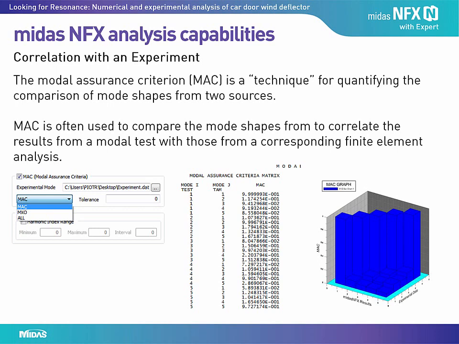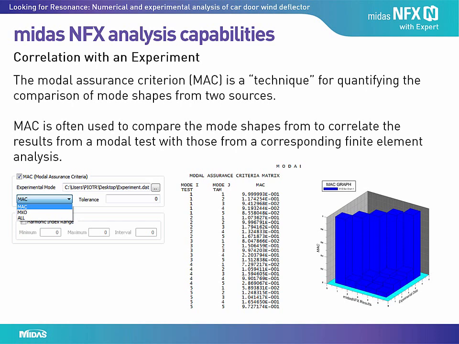Correlation between numerical and experimental analysis can be done via the modal assurance criterion. This option is available inside the eigenvalue settings inside NFX. MAC, which is an abbreviation of modal assurance criterion, is a statistical indicator similar to the coherence function from statistics, which can be very powerful when it's used correctly, but can also be very misleading when used incorrectly.